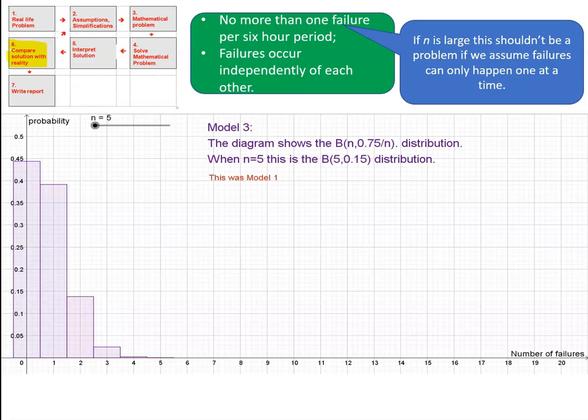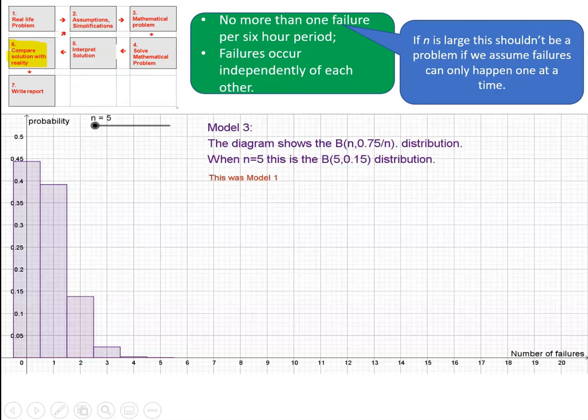Now what we've got at the moment on the slide is a mini video showing what happens as we change the value of n. The video starts off with n being equal to 5, which was exactly the case that we had in model 1. Let's see what happens.